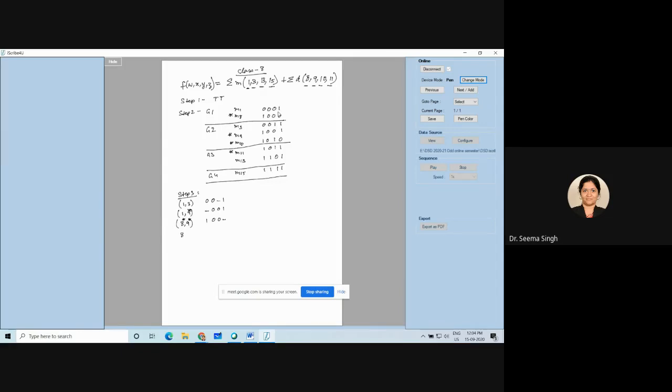Same way we will do for 8 and 10. 8 and 3 is not possible, you would have seen on your own, because more than three variable changes are there. So 8 and 3 was not possible. 8 and 9 we did, and now we are doing 8 and 10. So 8 and 10 both are don't care. Again, I am getting one pairing with both don't care terms. So 8 and 10 is done.